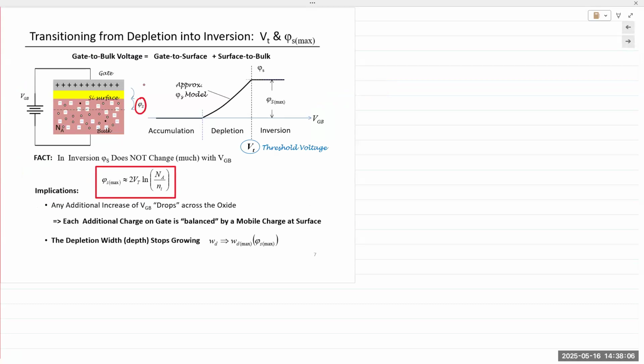The dosage determines the number of implanted atoms, which is going to determine Na. That technically is the number of implanted atoms. And then this voltage right here, the threshold voltage, is the voltage that is required to invert the channel from positive to negative.